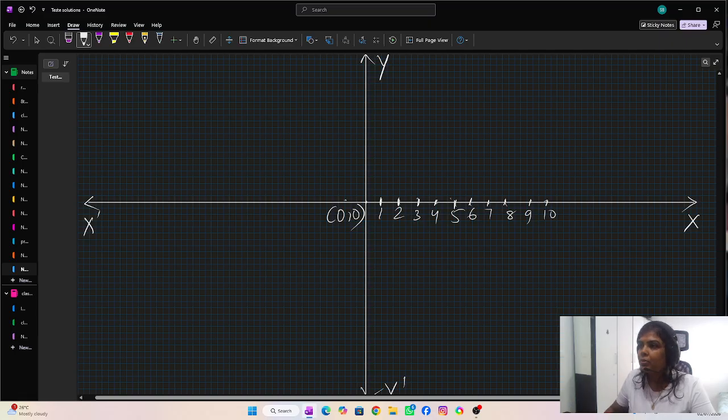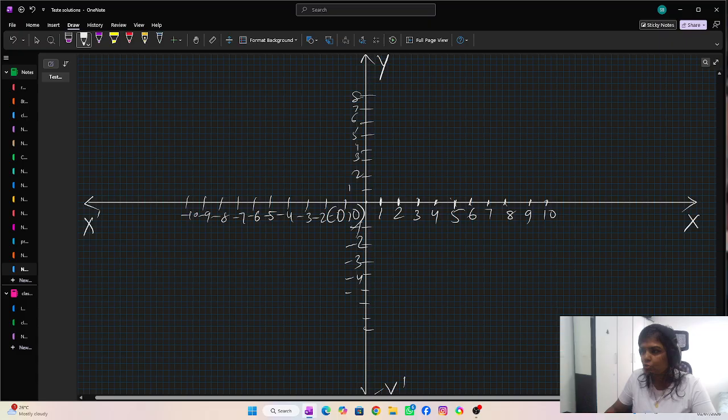Similarly on this side it will be 1, 2, 3, up to 10 with a negative symbol. We'll write negative 3, 2, 1. And here it is positive 1, 2, 3, 4, 5, 6, 7, 8. And then on the y-axis below the origin we write negative 1, -2, -3, -4, -5, -6, -7, -8.